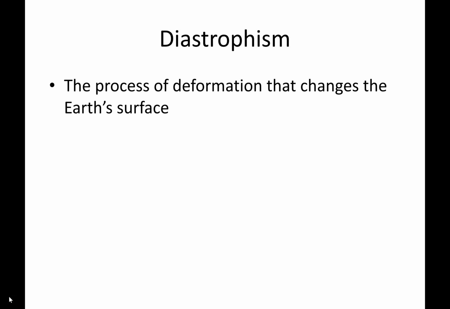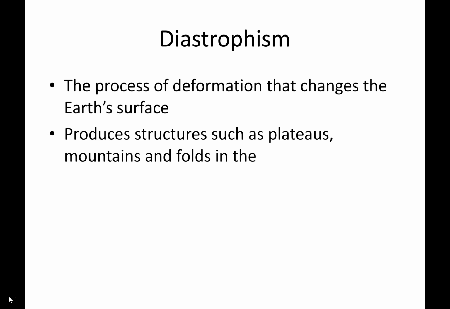Diastrophism is actually talking about the deformation that's happening with the Earth's crust, these chunks of lithosphere, these plates that are floating on the liquid or the kind of plastic asthenosphere.